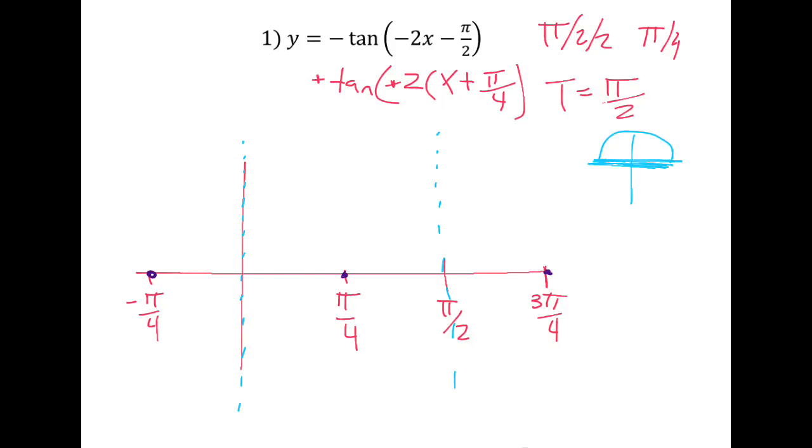Normally our first cosine value, where we are 0, would be happening at pi over 2, but since we are multiplying that by 2, all we need to do is put in a value of pi over 4, and then when we multiply that by 2, we get pi over 2. And so really that means our first asymptote, where cosine is 0, will happen at 0, because it would happen at pi over 4, but we're shifting everything to the left by pi over 4. That's a really complicated way of saying what I'm saying.